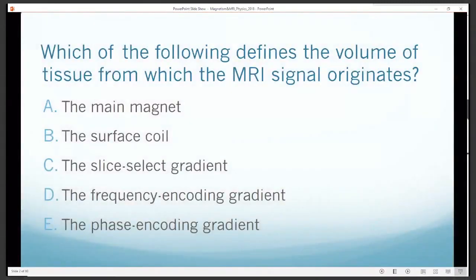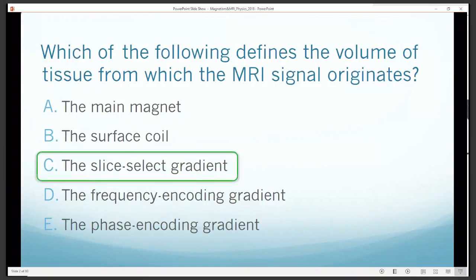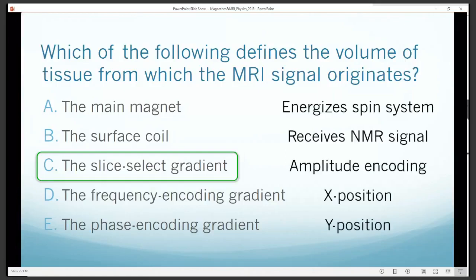The correct answer is it's the slice select gradient. That defines the volume of tissue from which the signal originates. That's the amplitude encoding. The main magnet energizes the spin system, but it's designed to be very homogeneous and no changes across the volume from which we do the imaging.